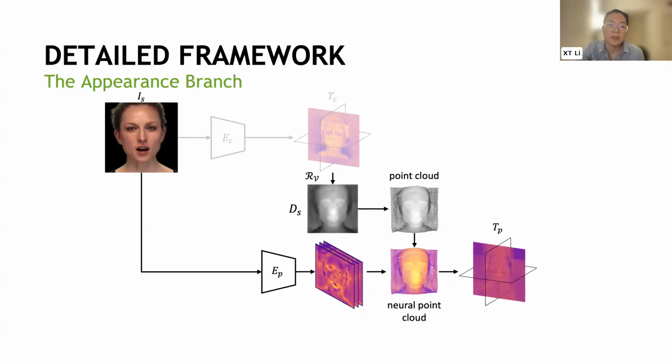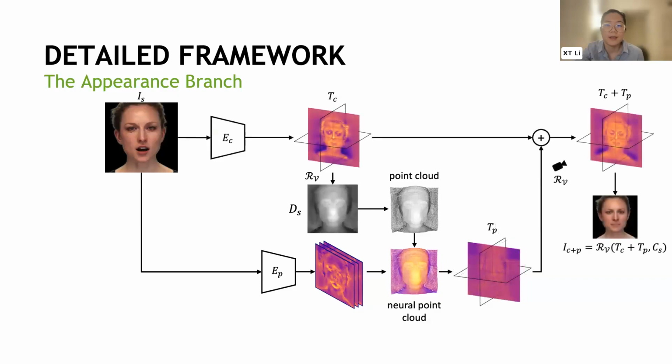But one problem is that the point cloud is not inherently compatible with the canonical triplane we got from the canonical branch. So we rasterize the neural point cloud to create an appearance triplane. By adding the appearance triplane to the canonical triplane, we can capture realistic details in the portrait image.